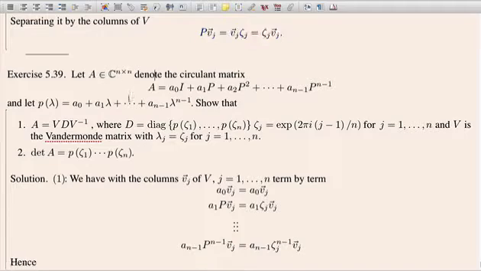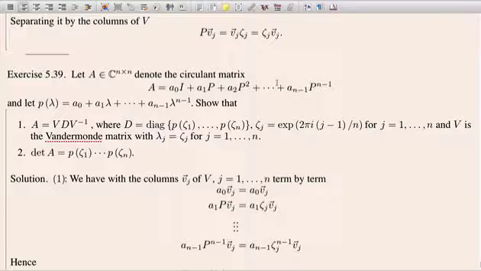Another exercise: if A is an n by n circulant matrix with coefficients a0, a1, up to a n minus 1, and if p of lambda is the polynomial with these coefficients a0, a1, up to a n minus 1, in increasing powers of lambda, then A equals V times D times V inverse, where D is the diagonal matrix of p of zeta 1 to p of zeta n, and here again the zeta j's are the nth roots of unity.